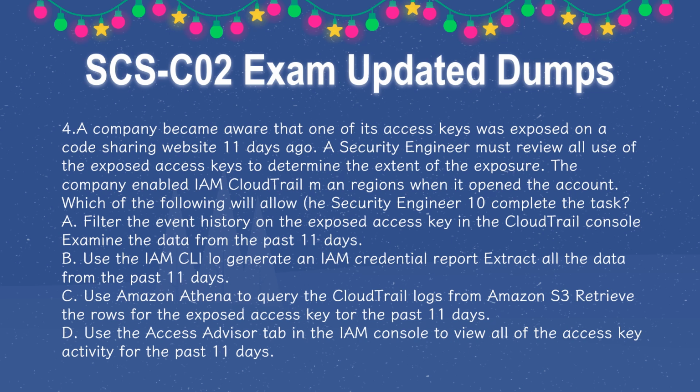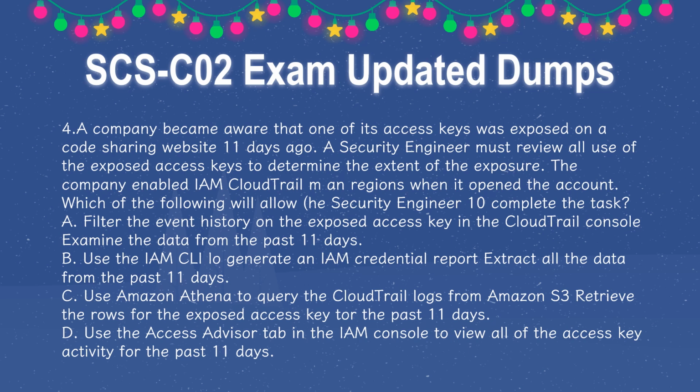Examine the data from the past 11 days. B. Use the AWS CLI to generate an IAM credential report. Extract all the data from the past 11 days. C. Use Amazon Athena to query the CloudTrail logs from Amazon S3. Retrieve the rows for the exposed access key for the past 11 days. D. Use the Access Advisor tab in the IAM console to view all of the access key activity for the past 11 days.